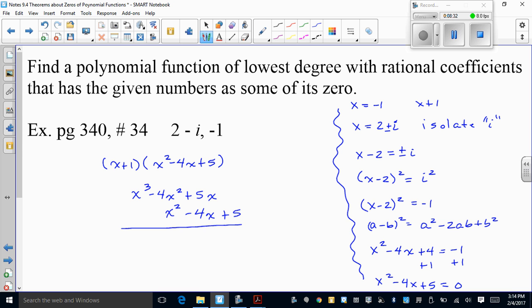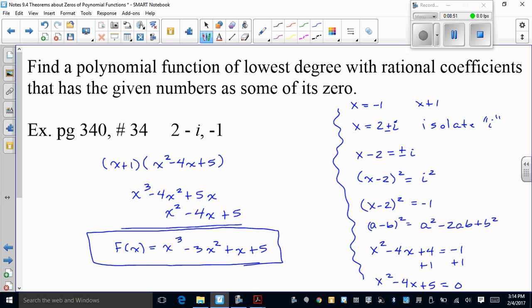So f of x equals x cubed minus 3x squared plus x plus 5. And there's your function from that one.